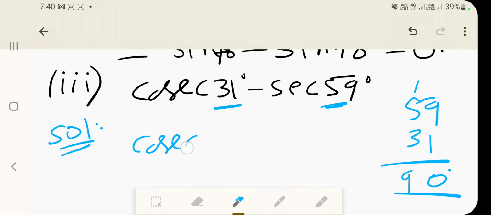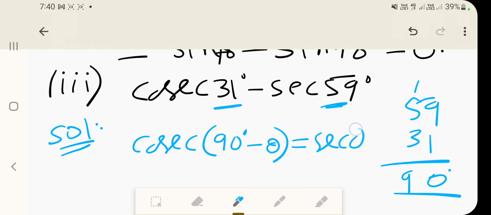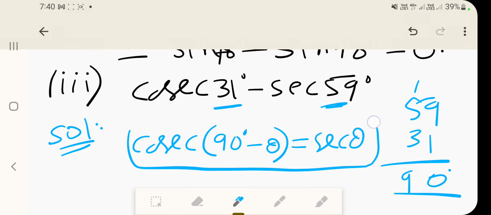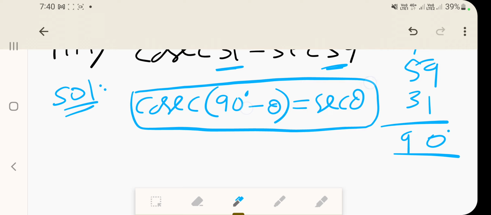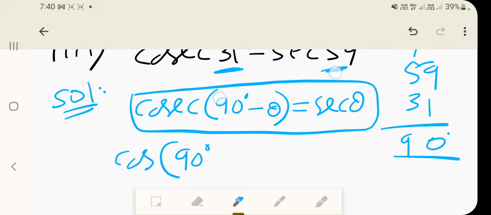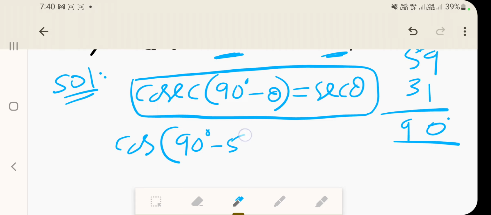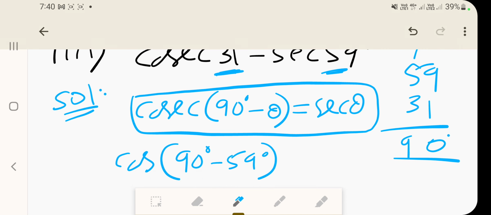This formula also you have to remember: cosecant(90 minus theta) is secant theta. So we can write cosecant 90 minus 59 degrees, which gives us 31.